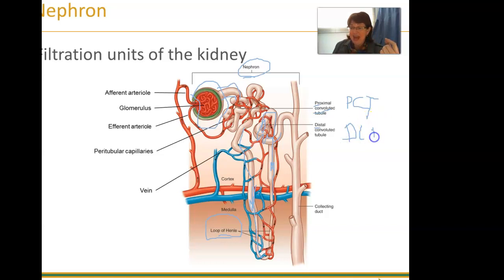And then after that, all the distal convoluted tubules collect, and notice they're going to collect from other nephrons, so then you have the collecting duct. So the parts of the nephron are the glomerular apparatus, proximal convoluted tubule, loop of Henle or the loop of the nephron, and then the distal convoluted tubule. Good.